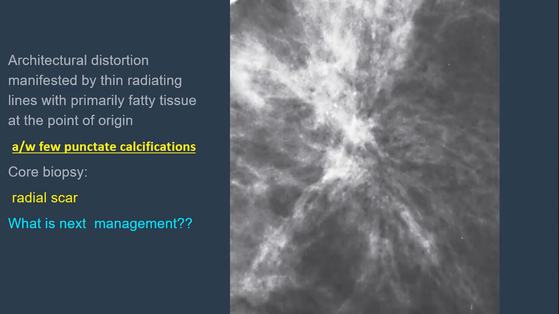Like what? What other group, including radial scar and others? What other lesions group with radial scar, we call as? Anybody knows? Borderline breast disease or borderline lesions?